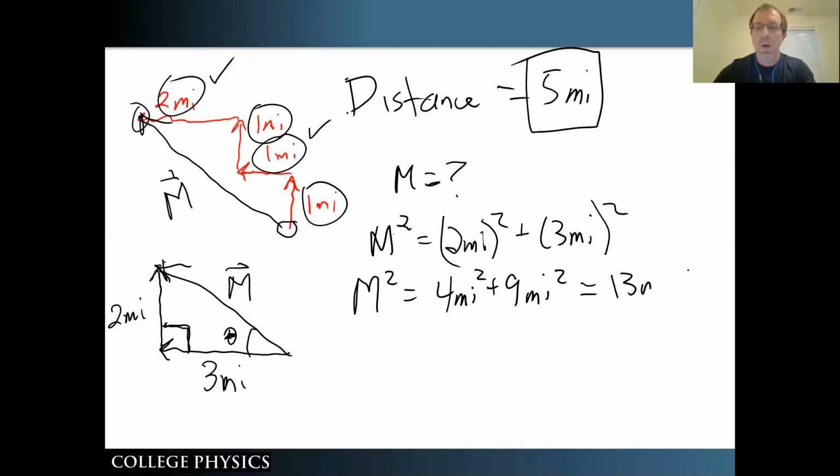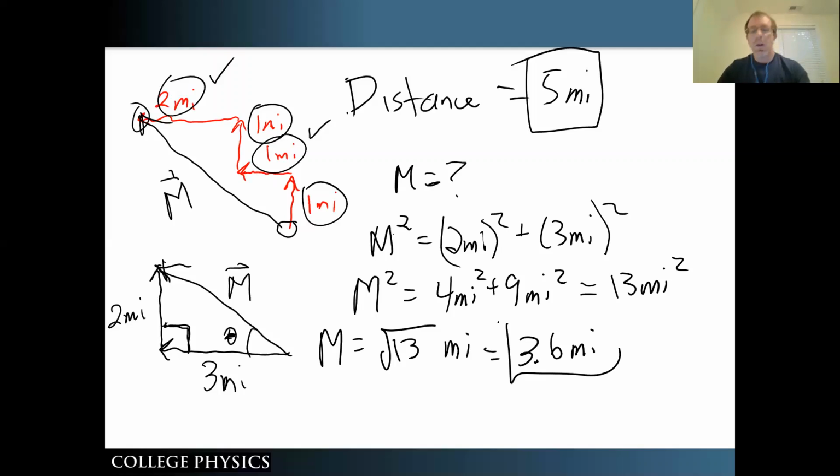That looks like 13 miles squared. And so Mary is going to have, or excuse me, it's going to have a displacement, an overall displacement that looks like the root of 13 miles, and that ends up being what, 3.6 miles.